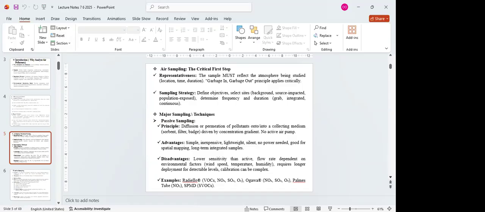The selected sites will align with one of your set objectives. Let's take a typical example.